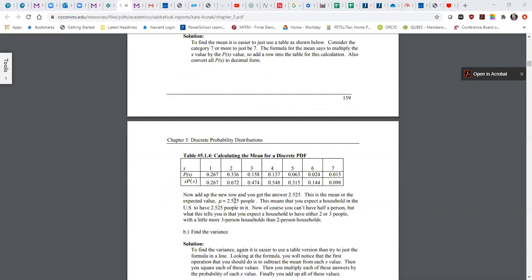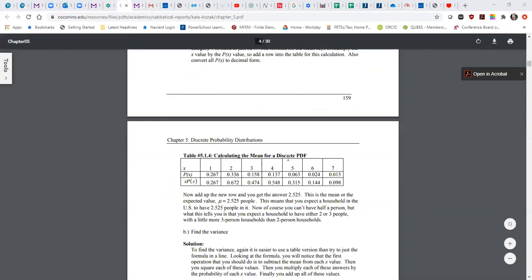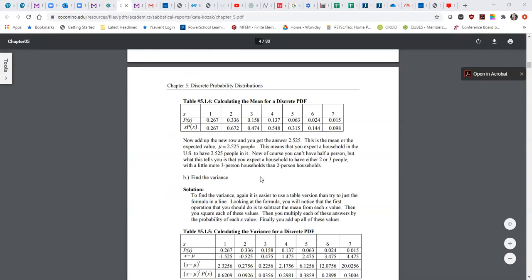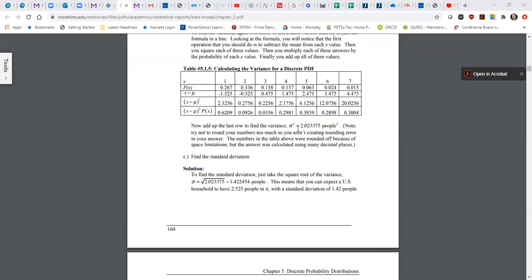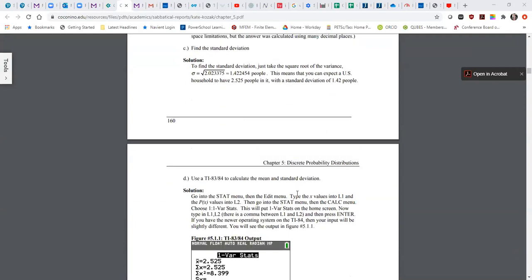So this is the mean or the expected value. And to find the variance, you need to subtract mu from x, square it, and multiply by p of x. You get the sum on the bottom here. If you add these values together, you get the variance. And to find the standard deviation, you simply take the square root of this number.